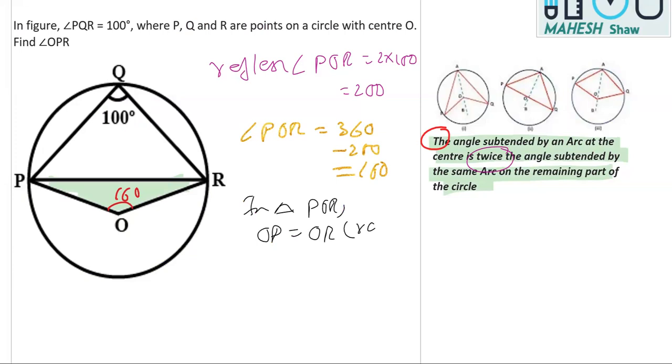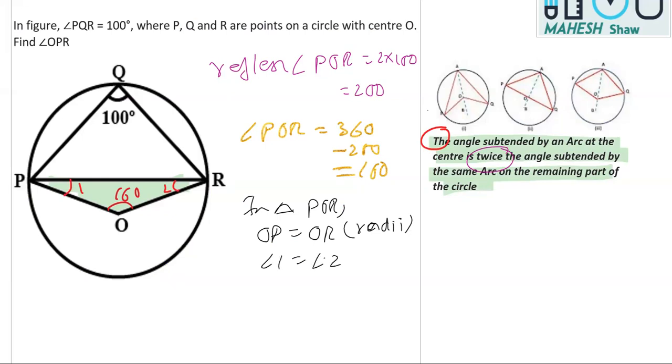And if two sides are equal, then the angles opposite to these sides are equal. Say I name these angles angle 1 and angle 2. Clearly angle 1 is equal to angle 2.